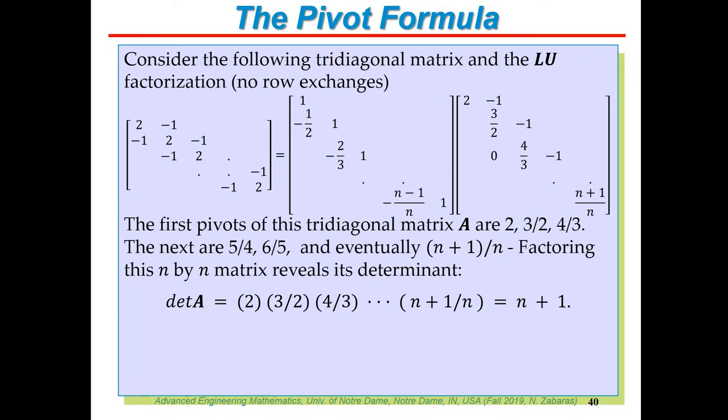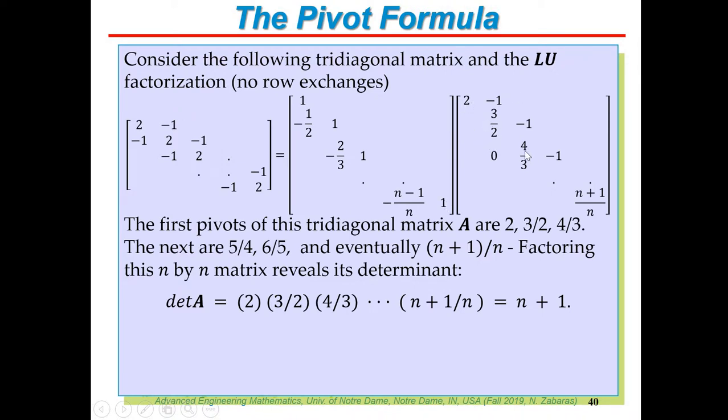So you can actually realize here that when you take the product, let's say, of the first two pivots, 2 and 3/2, really this is the determinant of this first 2 by 2 matrix.